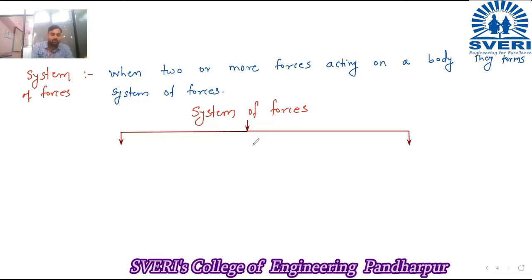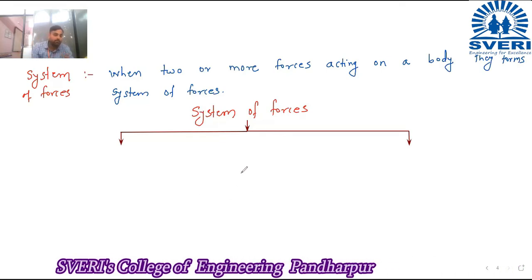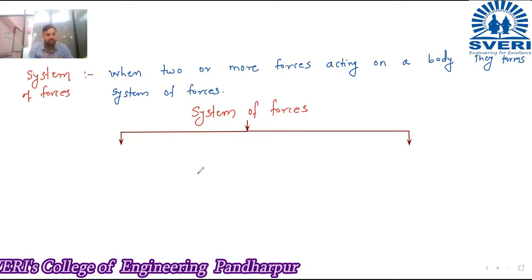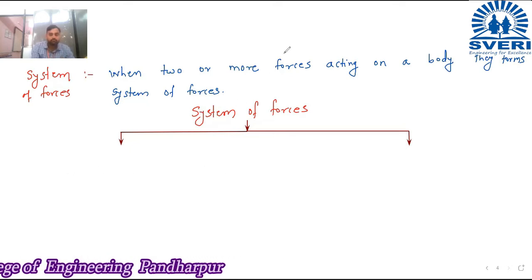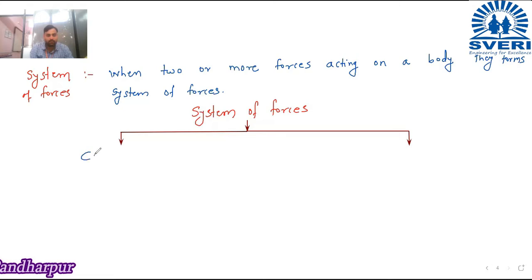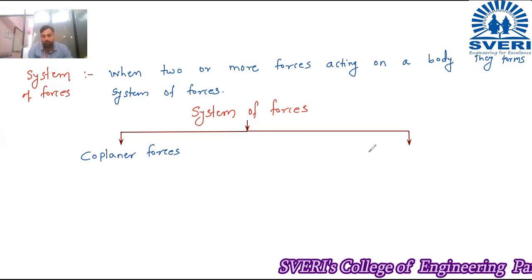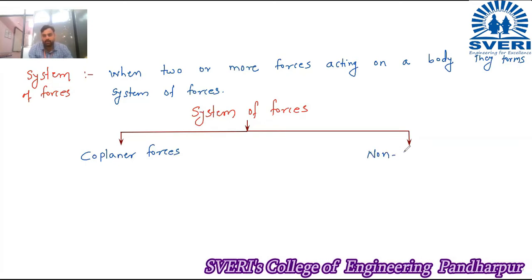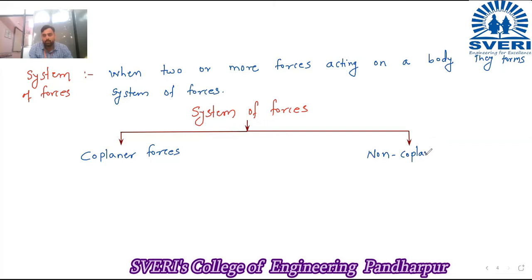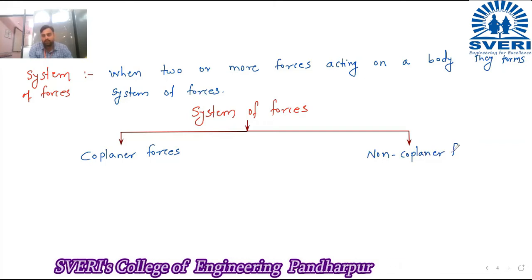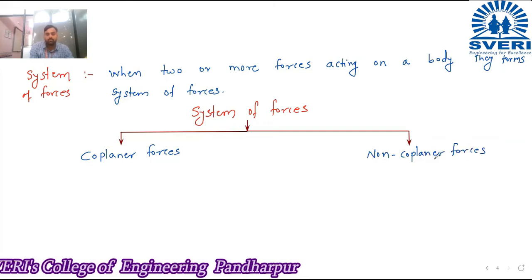So now the system. I am telling you, write it down with me. Don't miss it. So the system of force: first it is divided into coplanar forces, and second is non-coplanar forces.